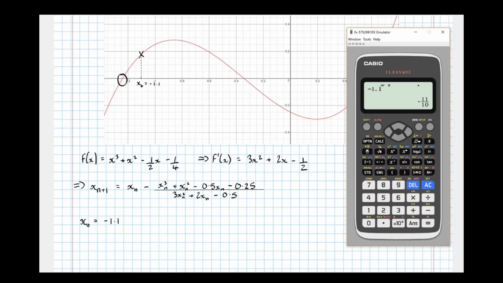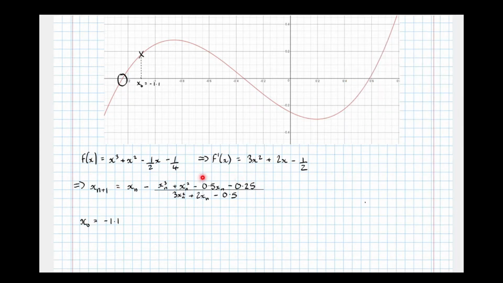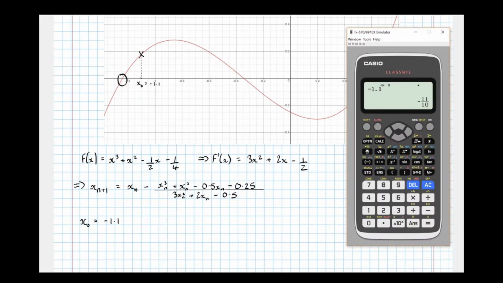And then what I'm going to do is type the whole of the right hand side of the equation, so this here, into the calculator, but using the answer button in which I've saved minus 1.1 instead of xn. So we're subbing in minus 1.1 for xn, and we've saved minus 1.1 in the answer button.